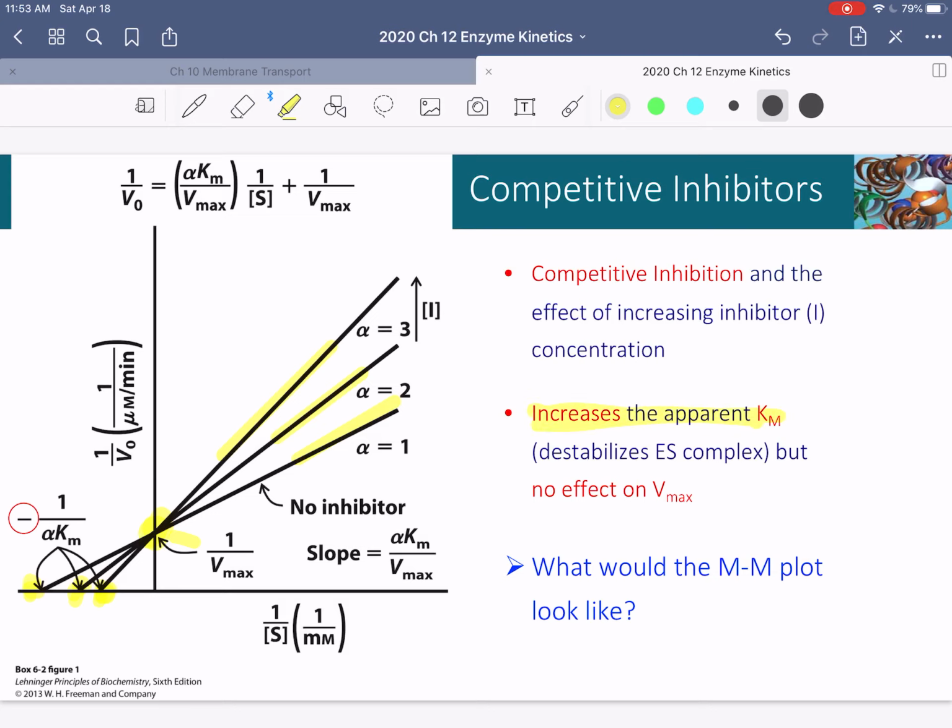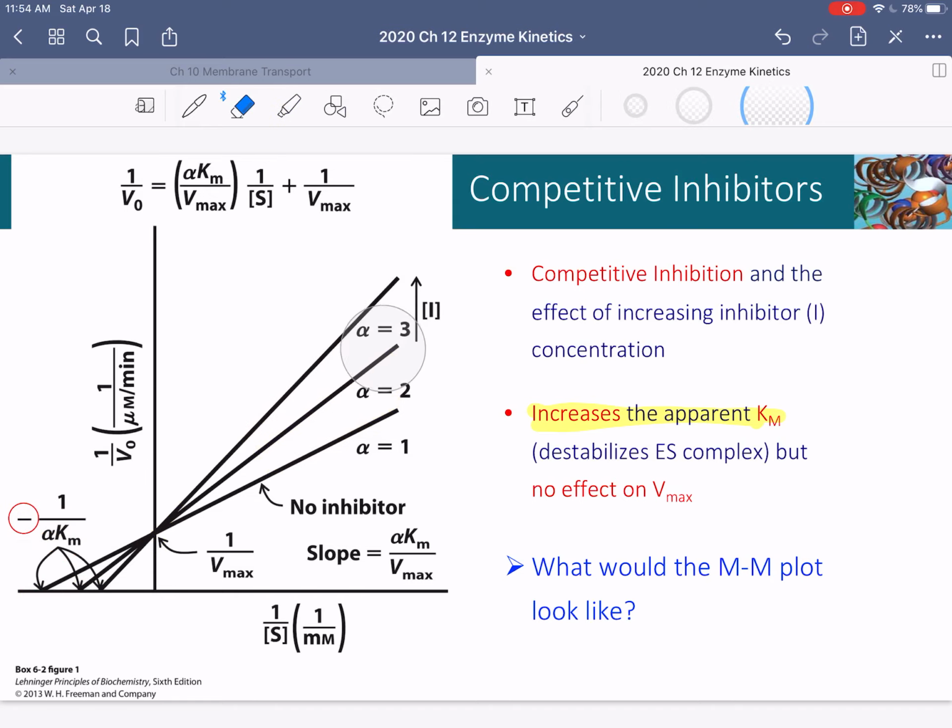It's a little counterintuitive, but remember it's 1 over Km, and then it's the negative number. So a larger number would be a smaller Km, and the smaller number over here would be a larger Km. I hope that made sense.